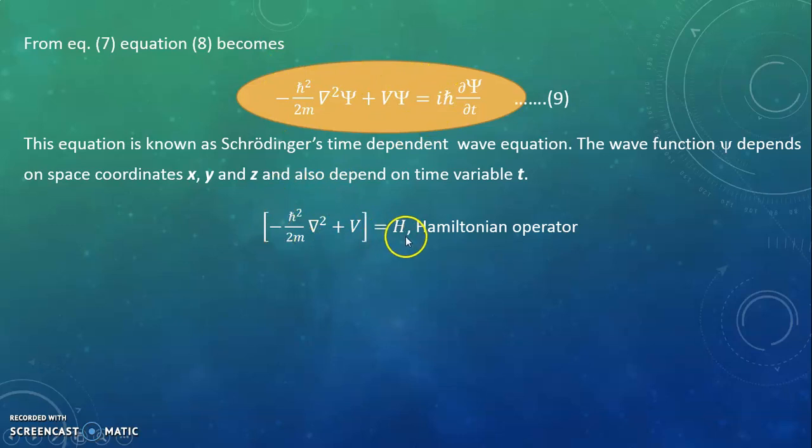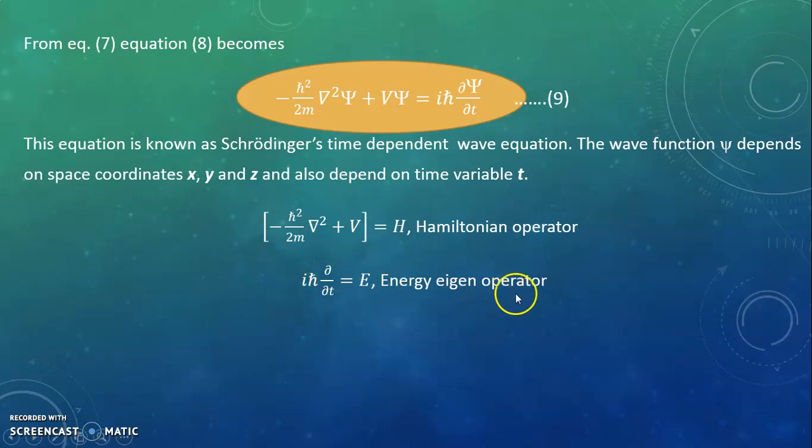This operator is H, or we can say it is the Hamiltonian operator, which is always written with the letter H. On this side, we have already used that operator, because in the previous step we wrote it as Eψ, and that E is the energy operator, having the value iħ into ∂ upon ∂t.